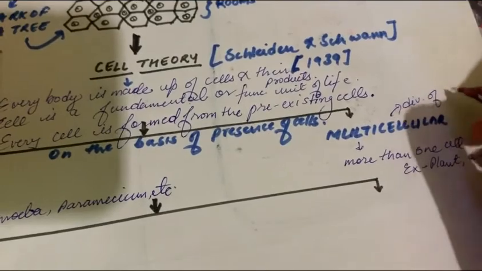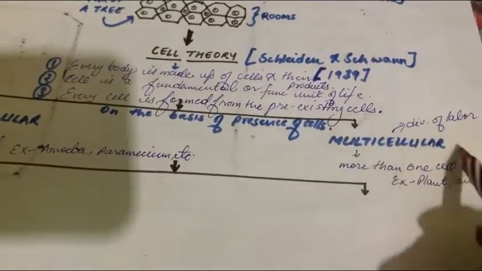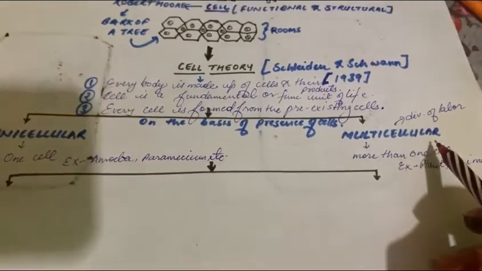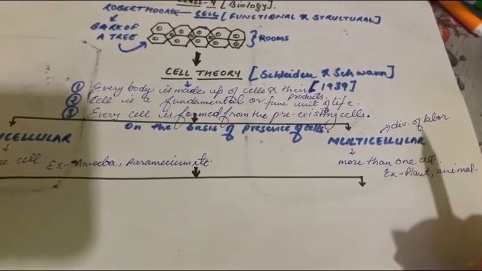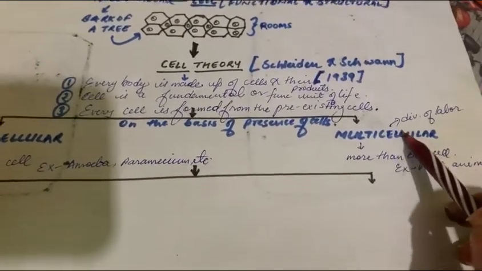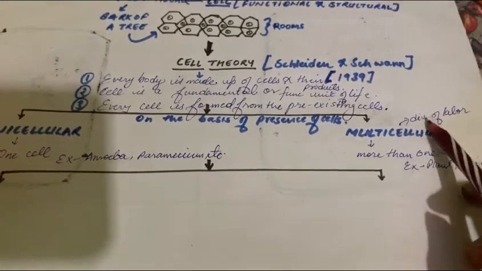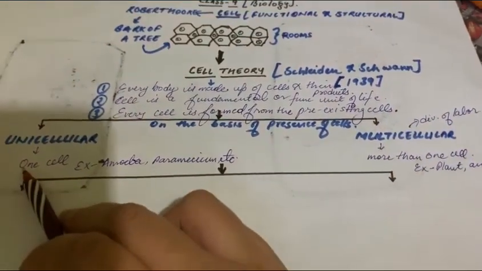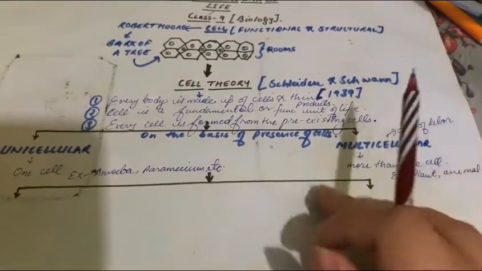What do you mean by division of labor? Division of labor means the work is distributed among many cells in different functions, so that every cell or a group of cells called a tissue performs a specific function, which is a characteristic feature of a multicellular organism. This characteristic is not present in a unicellular organism because it is made up of only one cell, so there cannot be any division of labor.